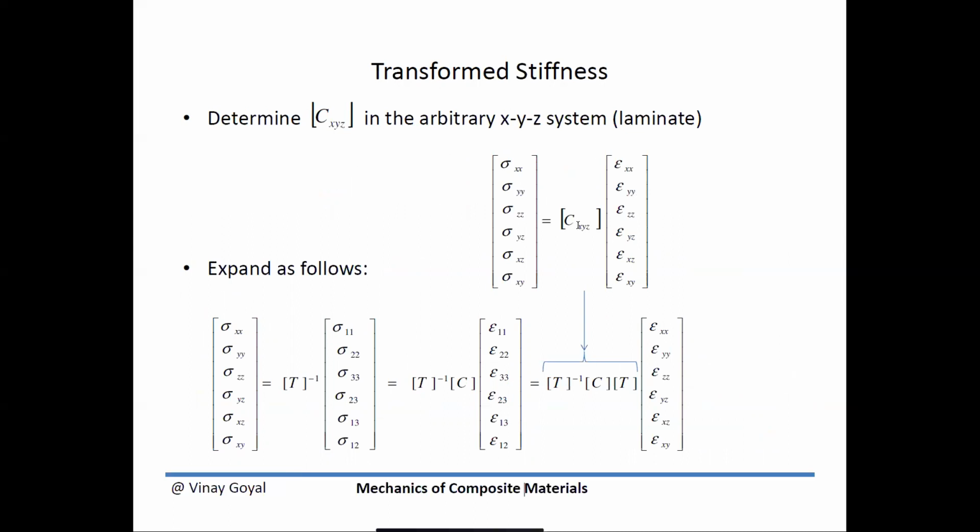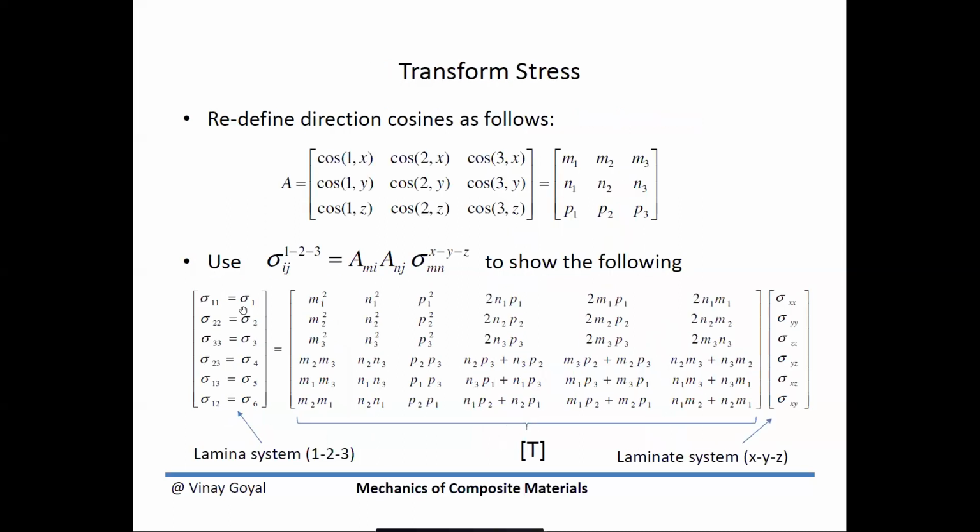So what I can do is expand the left-hand side as follows. As you recall, the stress in the lamina system is equal to this transformation matrix, I'm going to call it T, times the stress in the laminate system. So if I want to isolate this, I have to find the inverse of T and put it on the other side. So I have T inverse times this column vector.